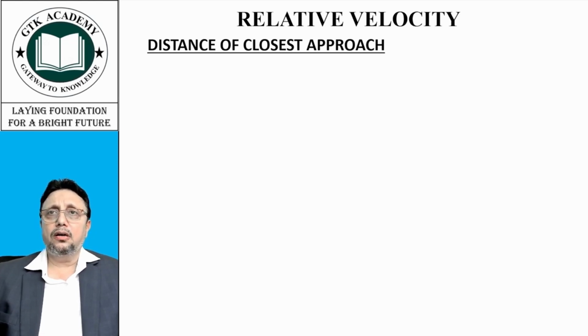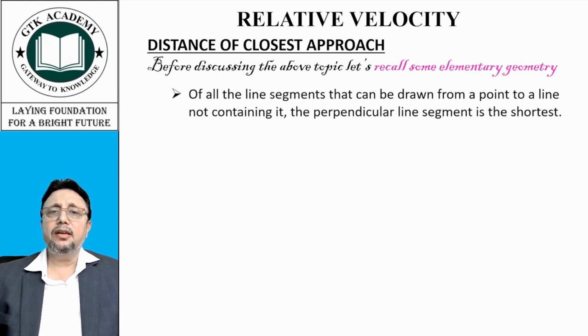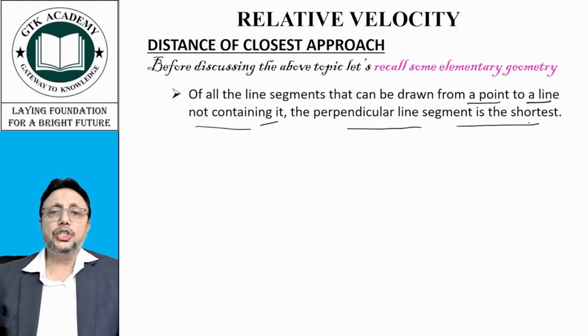Before I discuss that topic, let me recall something from elementary geometry. You must have read that of all the line segments that can be drawn from a point to a line not containing it, the perpendicular line segment is the shortest.